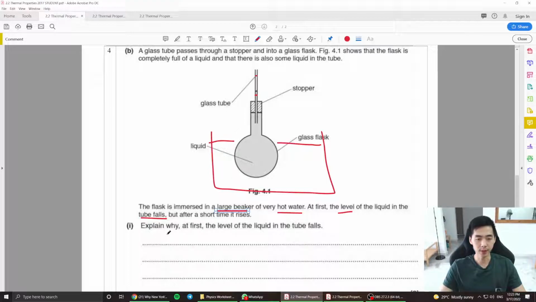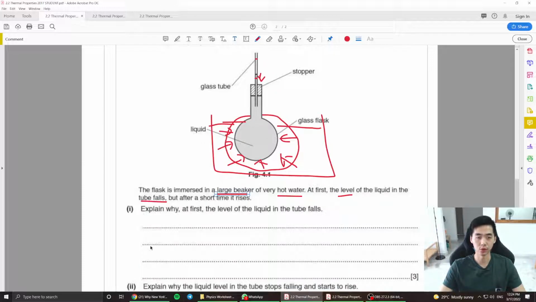Explain why at first the level of the liquid in the tube falls. Now if you remember about thermal expansion, when I lower this flask into hot water, the heat is actually going to touch the glass first, right? And when the glass is heated up, this glass is going to start to expand. When the glass expands, the volume of the flask increases, and thus the liquid level drops a little bit here.